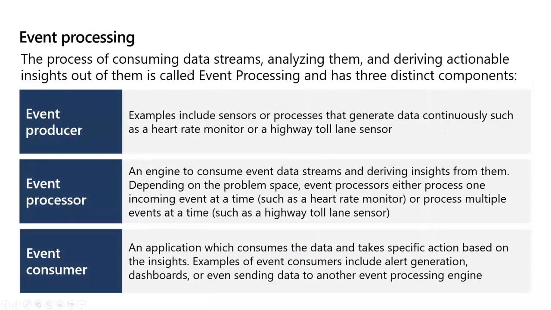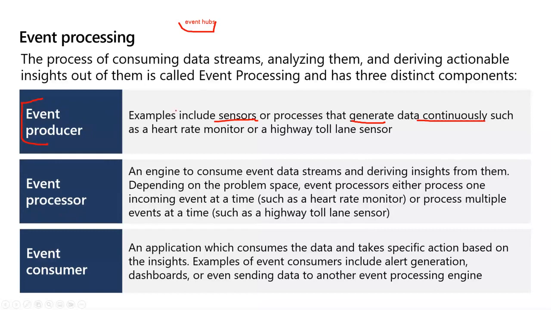Then you will see in future modules something called Event Hubs. Event Hubs is a component of the Azure ecosystem where you can collect any events from an event producer. So let's say a smart device. Your smart device, like a sensor, is producing data and generating it continuously.